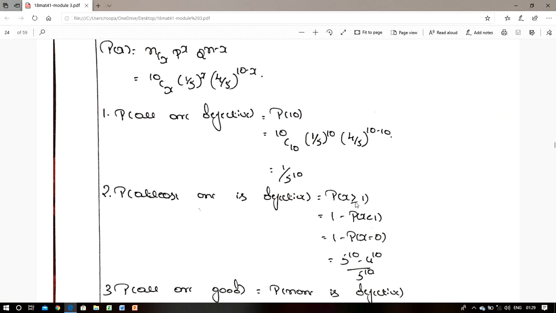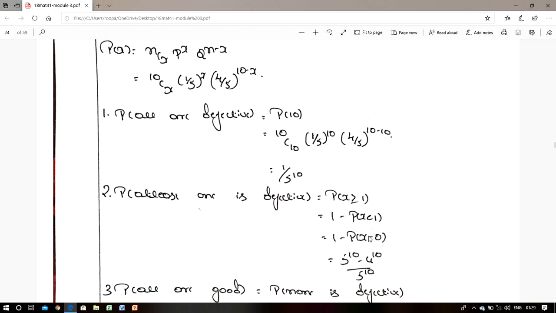It is quite difficult to find all these values. So we know that the sum of probabilities must be equal to 1. P of x varying from 0 to 10 sums to 1. So we can also write 1 minus P of x less than 1.